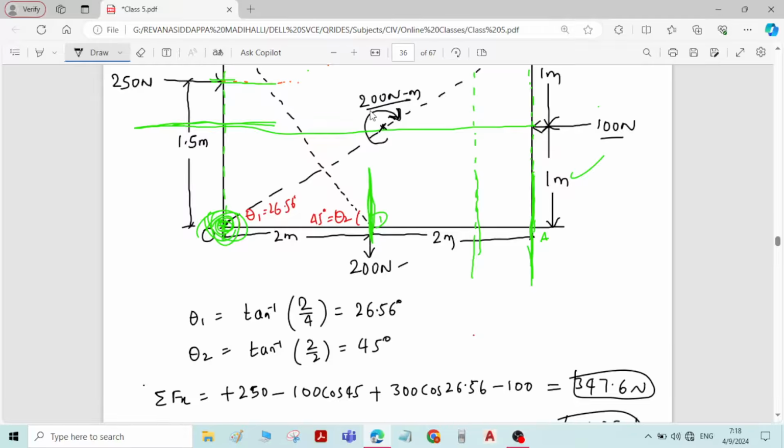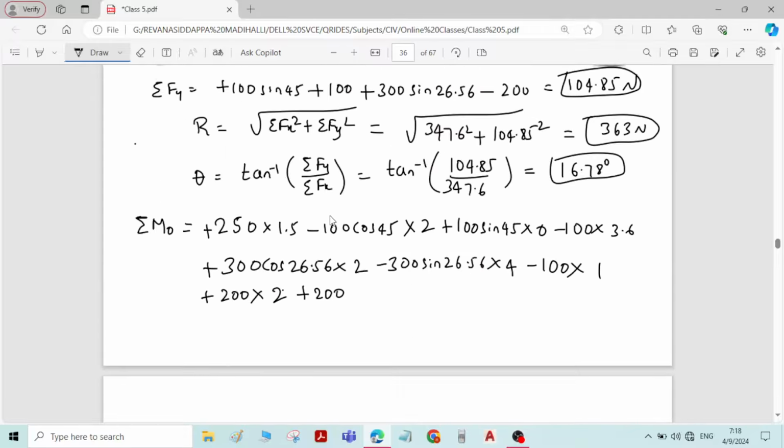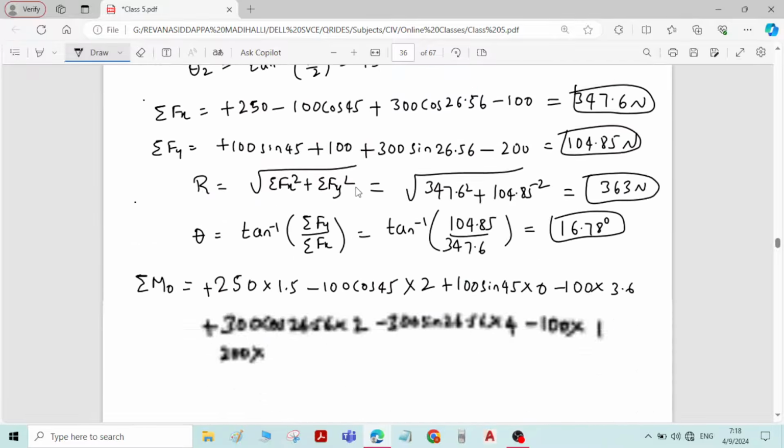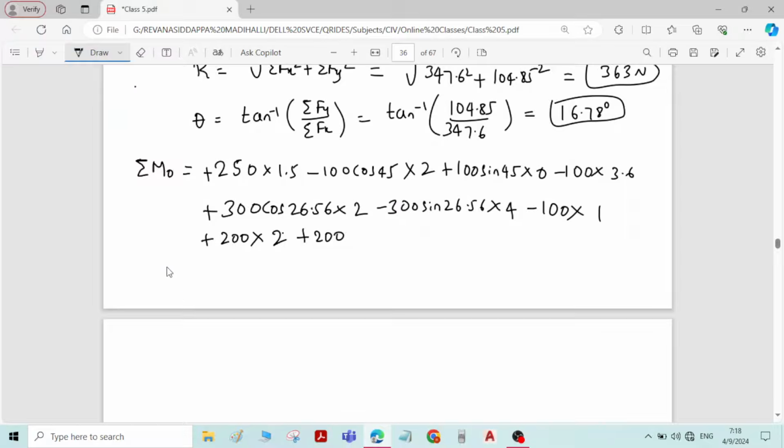Just add that value, plus 200. If it is anti-clockwise, you have to take a negative sign. That's it. So sigma M_O, the answer is 373.7 Newton meter. This is the moment about O.